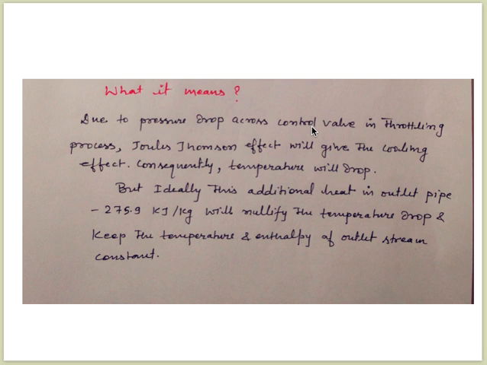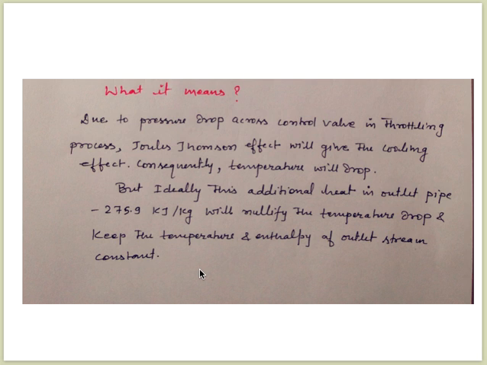That I am going to explain. Due to the pressure drop across the control valve in the throttling process, the Joule-Thomson effect will give you a cooling effect. Consequently, the temperature will drop. Of course the temperature will drop, but ideally this additional heat in the outlet pipe, 275.9 kilojoule per kg, will nullify the temperature drop and keep the temperature and enthalpy of the outlet stream constant.